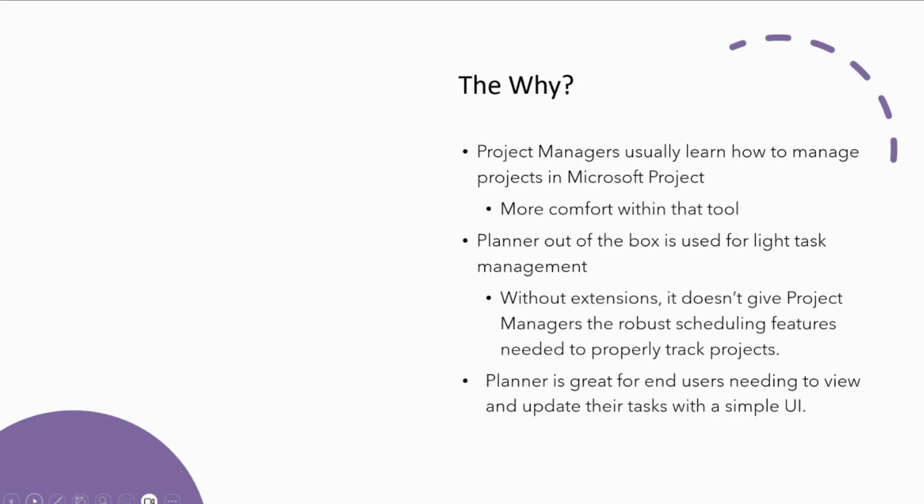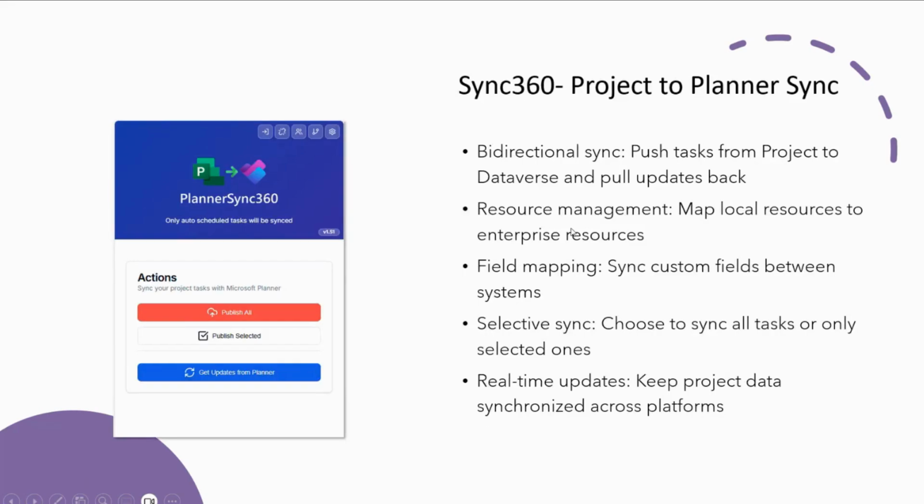But we're going to actually talk about our Planner Sync 360 tool. And it has a bi-directional sync. So I'm going to show you how you can create a project plan, a .mpp in Microsoft Project, and push that over into a Planner environment.